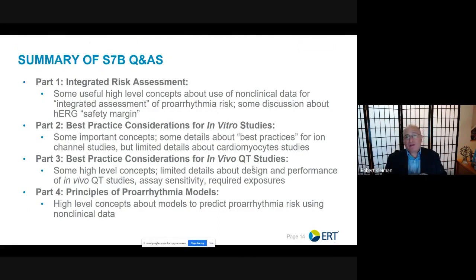A little more about the patch clamp studies, but still, there are some details that are not made clear. I find that part 3, the discussion of best practices for in vivo QT studies, presents some high-level concepts, but very limited details about design, performance, assay sensitivity, required exposures that I think really are necessary for us to understand. And then finally, principles of proarrhythmia models are discussed, again, as high concepts, but without a tremendous amount of detail, without suggesting which models might be the most appropriate to use.